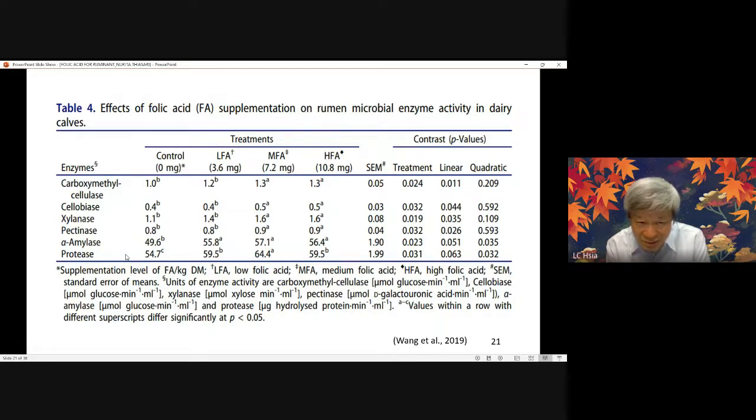Amylase increases far more than cyanide, so that means you increase concentrate. So this is related with Professor Watamas' question. And then you will find they also increase quite a lot on the protease. Okay, so you can answer from these three parts, and then you will find the answer can answer the question we asked about the concentrate and the forage.